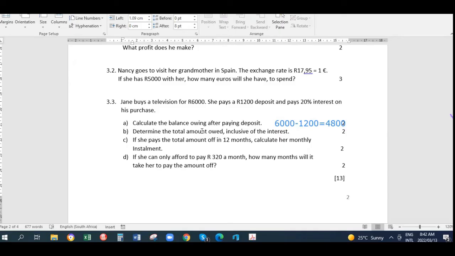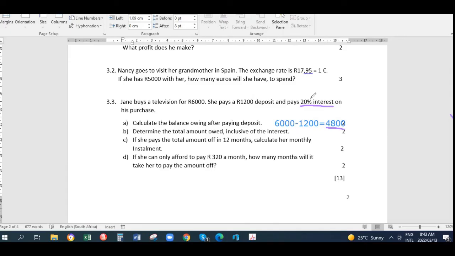You need to owe less because you have paid some amount off. Now the next one, determine the total amount owed inclusive of interest. Now we owe 4,800, but you have to pay a 20% interest. Now you don't pay interest on the 6,000 or on the 1,200. You pay interest on what you owe. What do you owe? You owe 4,800.